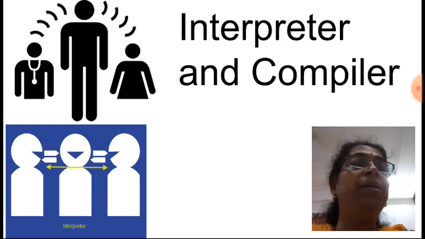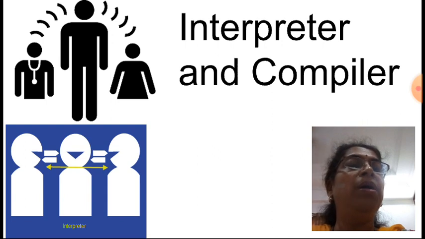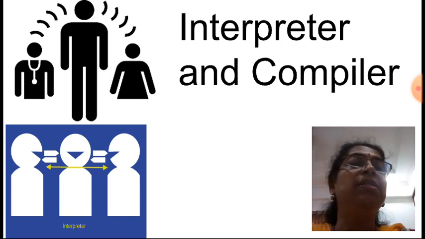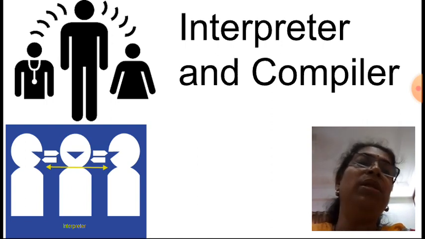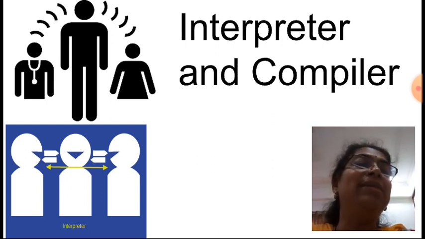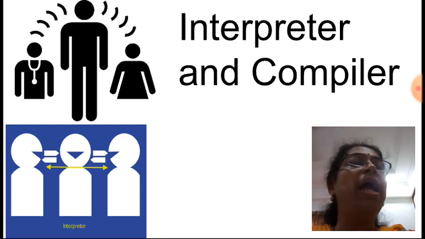Whenever a person from one country goes to another country and doesn't know that country's language, the person in between translates one person's language into the other's. He is called an interpreter. Means whenever the source code or program is translated into another form that the machine will understand, that is done by a translator.